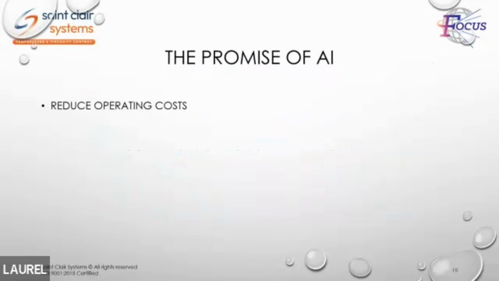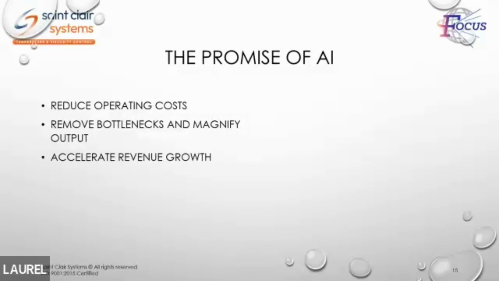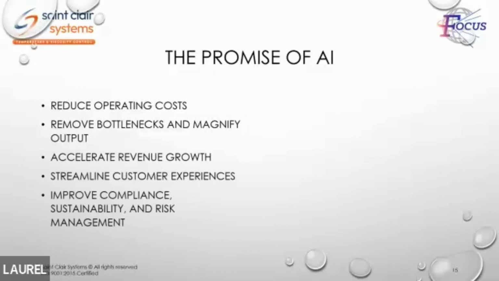It's things like the reduction of operating cost, removing bottlenecks so that we can increase our output and accelerate our revenue growth, and streamline our customer experiences and improve our compliance, sustainability, and our risk management capacity.